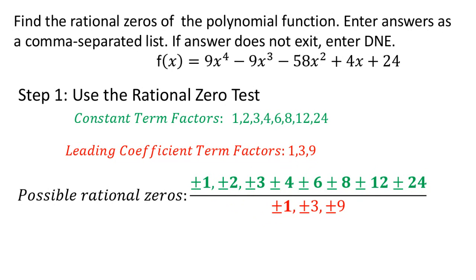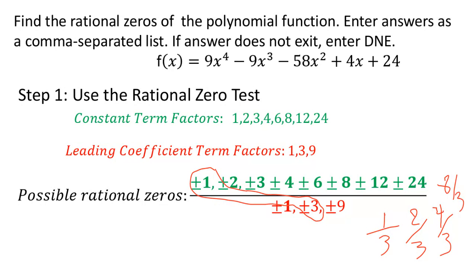And then for the 3, you're going to say 1 divided by 3, which is 1/3. 2 divided by 3 is 2/3. 3 divided by 3 is 1, so we don't have to write it anymore. 4 divided by 3 is 4/3. 6 divided by 3 is 2. 8 divided by 3 is 8/3. 12 divided by 3 is 4. 24 divided by 3 is 8.